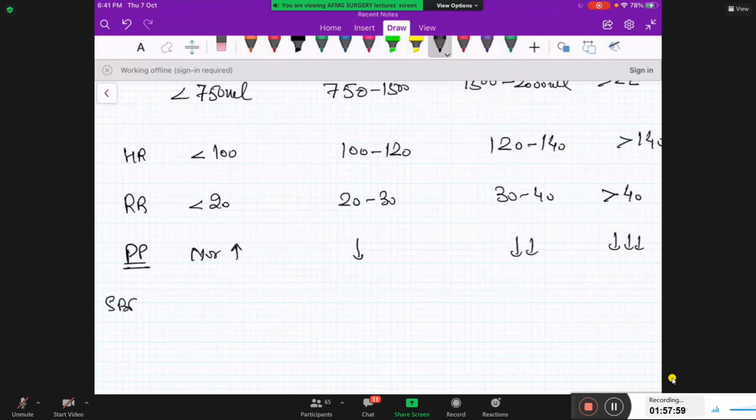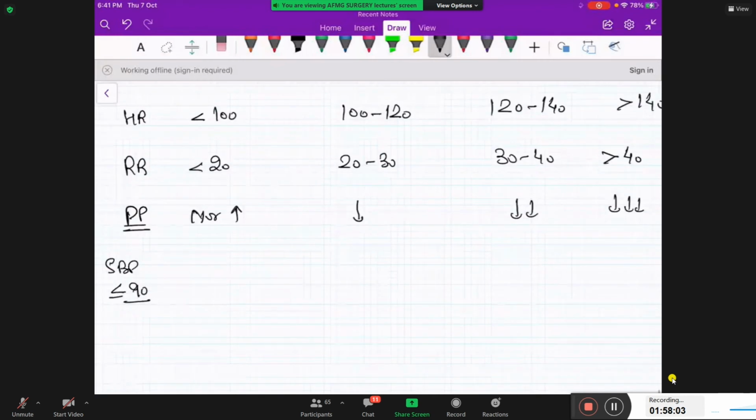Systolic blood pressure less than or equal to 90 will not be there in class 1 shock, will not be there in class 2 shock, will be there in class 3 and class 4 shock. Right?